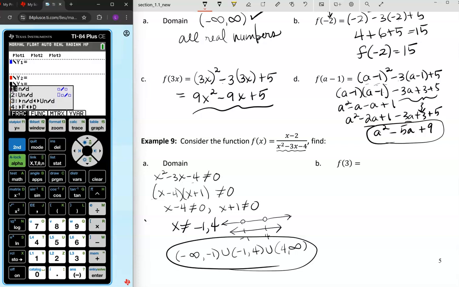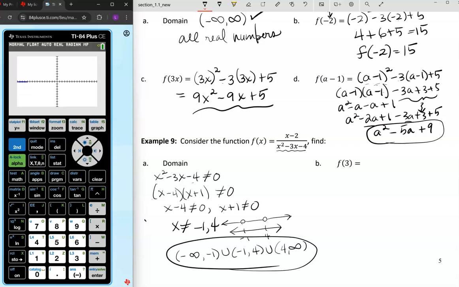Y equals x minus 2 in the numerator, and x squared minus 3x minus 4 in the denominator, and we'll hit graph, and there are those vertical asymptotes. It's a little bit harder to identify those asymptotes because of the way this curves, but if you're really good at visualization, you can see that vertical asymptote happening at -1, and then coming down this way, going right through that 4.